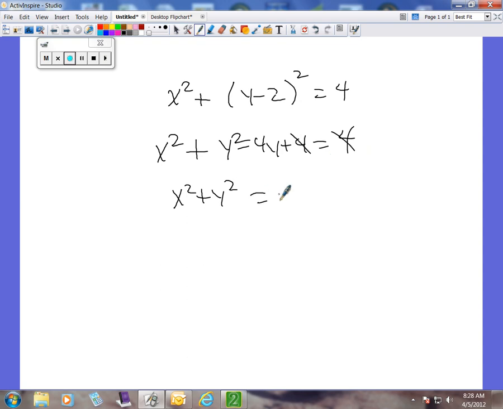The 4's cancel. Oh, that's a positive, isn't it? Moved it over. So what's our final? Well, our next step would be this. So the polar equation would be r equals 4 sine theta.